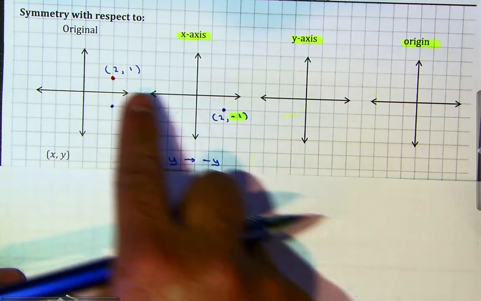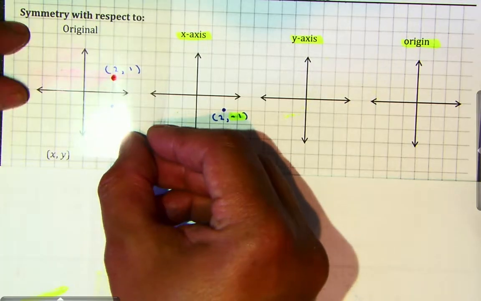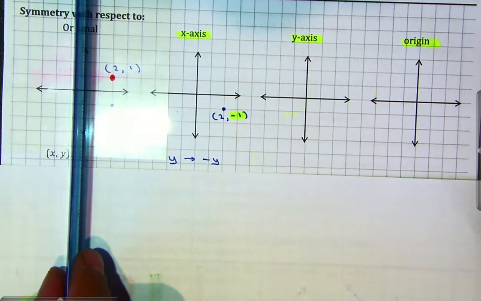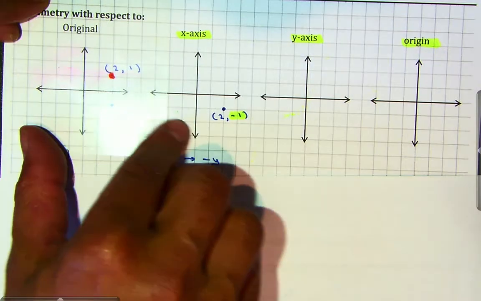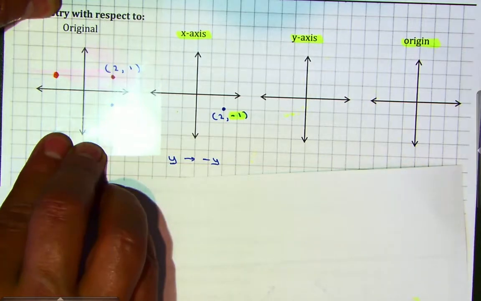What if you reflect this point on the y-axis? What's going to change? If I take this point and reflect it with respect to the y-axis, then it's going to become this point. Do you guys agree?